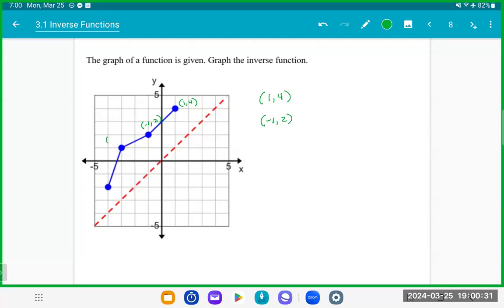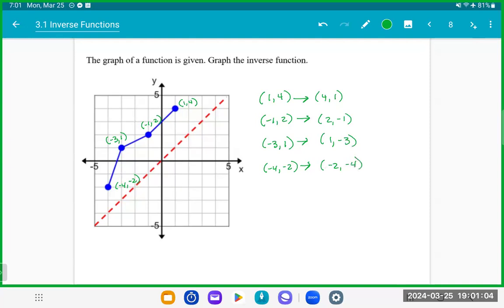This is -3, 1. And this is -4, -2. Okay. So when we're looking at the inverse, really, we just need to switch our x and y. So this becomes 4, 1, 2, -1, 1, -3, -2, -4.